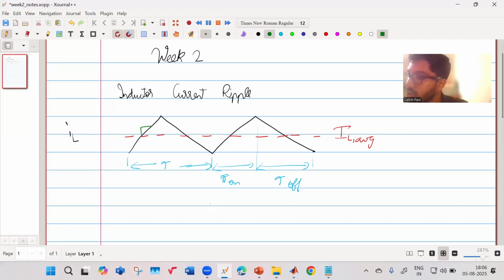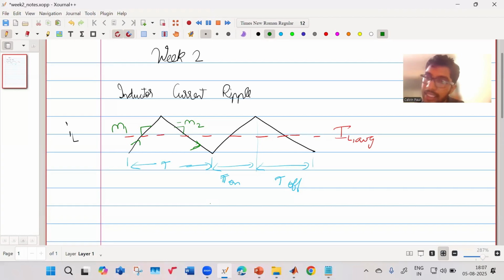This is your rising slope, M1. This is your falling slope, M2. So in our analysis, what do we consider? The inductor current is a triangular waveform. It is linearly rising and it is linearly falling. That is the assumption which we have, and it is roughly valid and it is used all over.